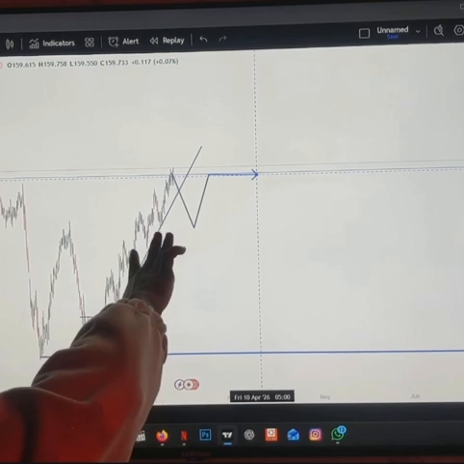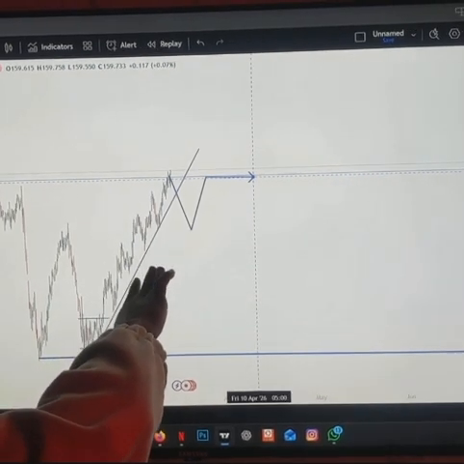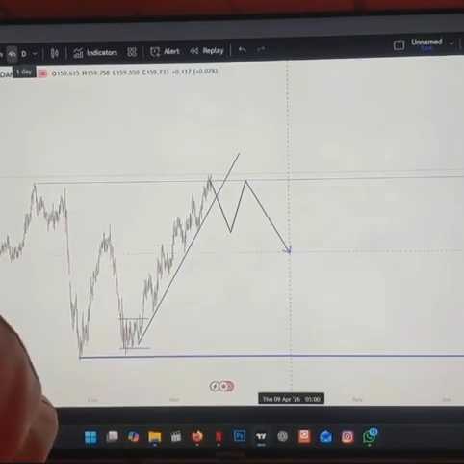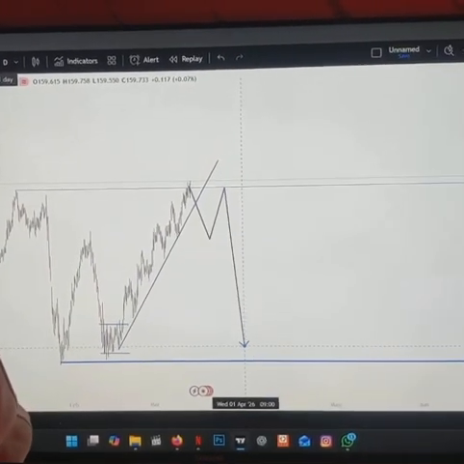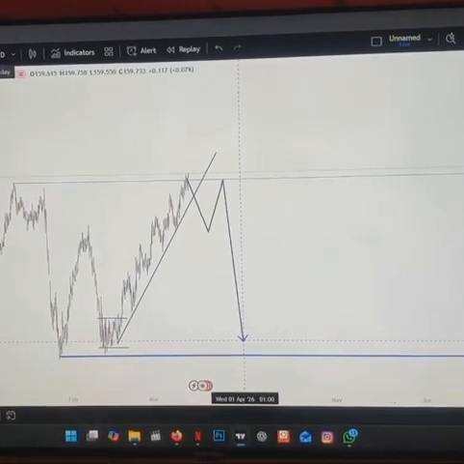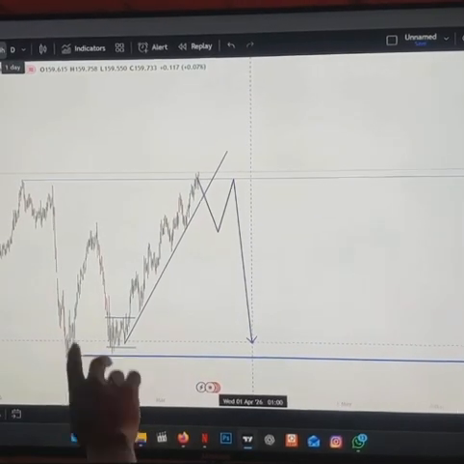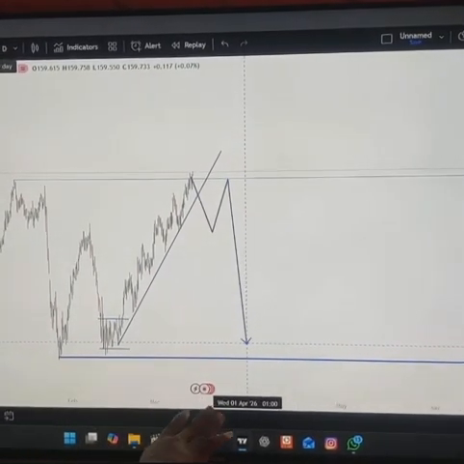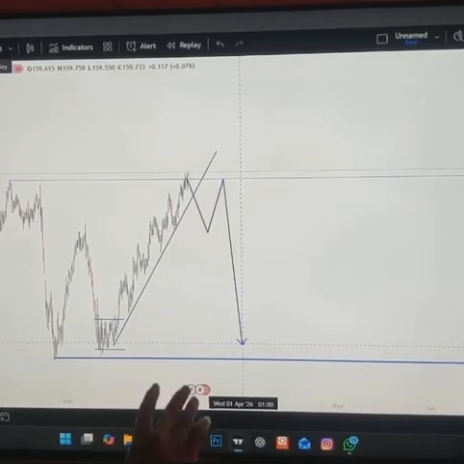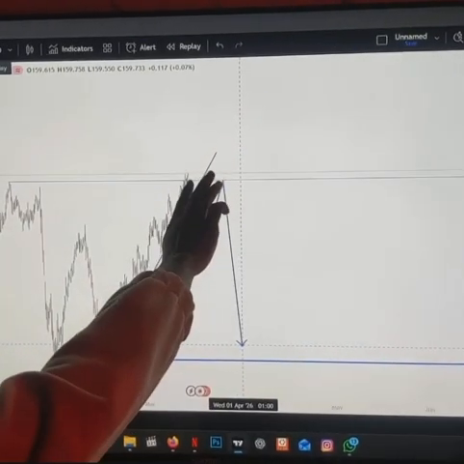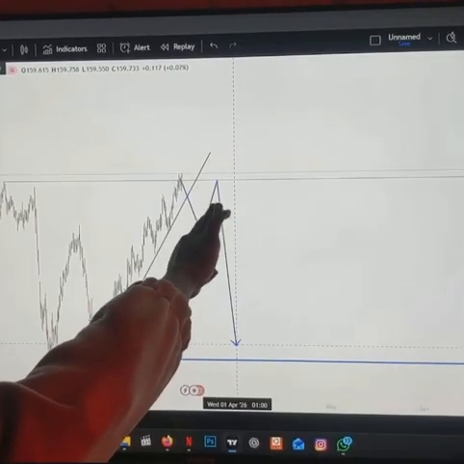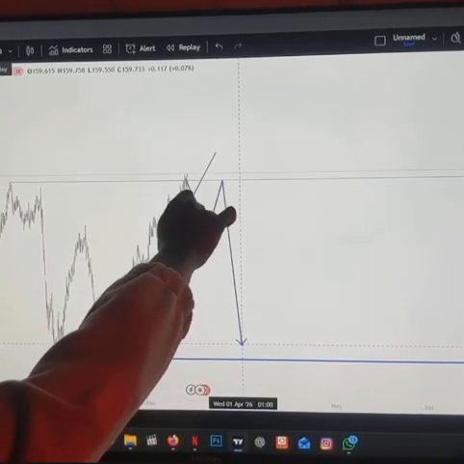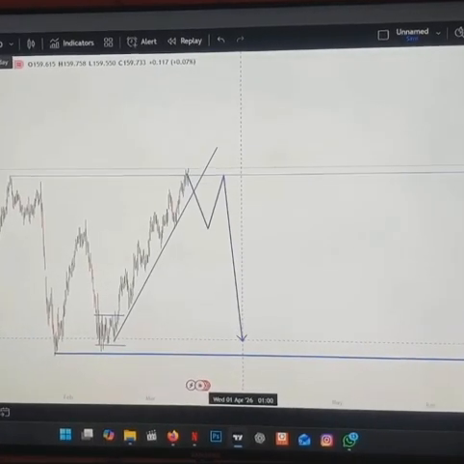But if this is just going to be a consolidating market on the higher time frame, then we are going to have something like this back to this support zone, and again we start looking for buy trades when it gets here, or when it gets here we rather wait to see what happens. If we are confirmed to take buys, then we go again. But from here I'm just going to wait and do nothing else till I get confirmation that we are breaking to the upside or we are retracing back downwards.